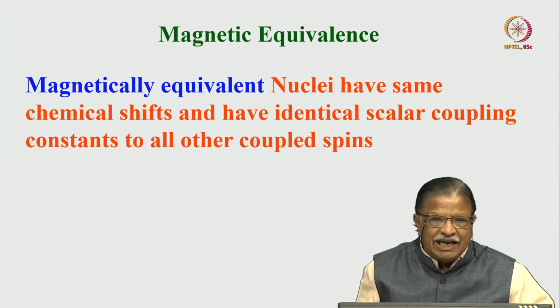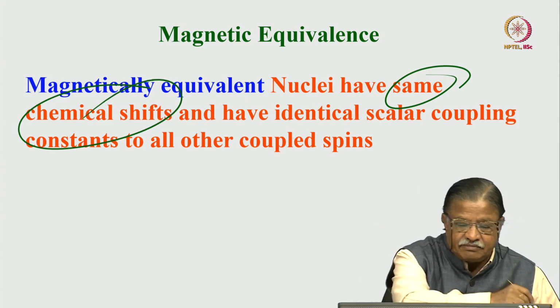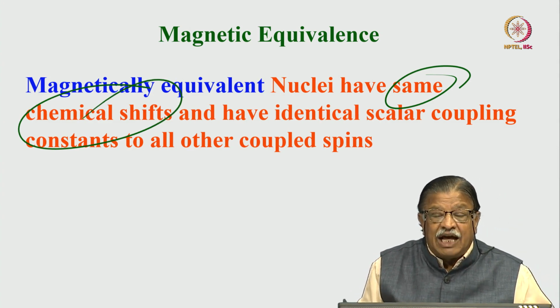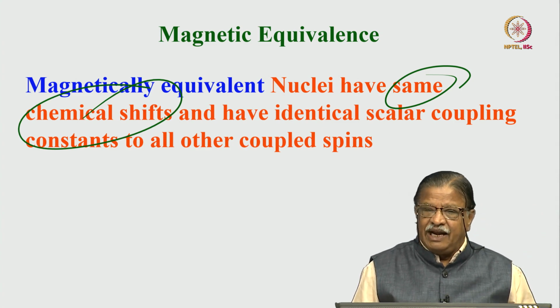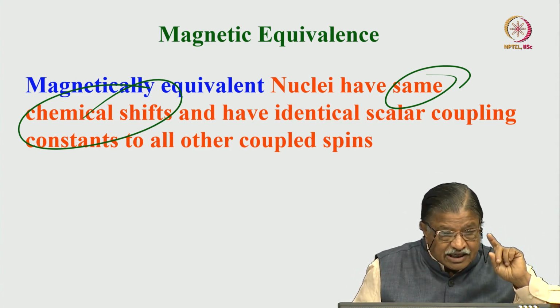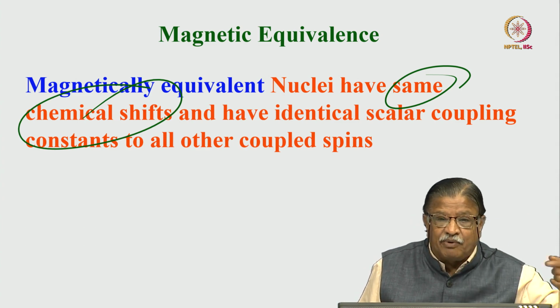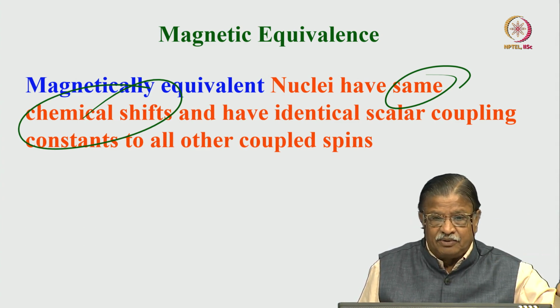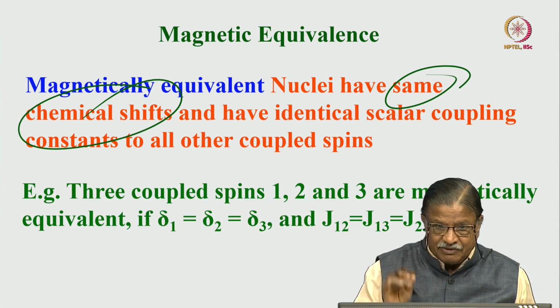Magnetically equivalent nuclei means not only they have the same chemical shifts but they should have identical scalar coupling to all other coupled spins. Very interesting. Remember, not only chemical shift should be the same, the coupling strength to the remaining coupled protons should all be identical. They should not be different. I will show you that with an example.